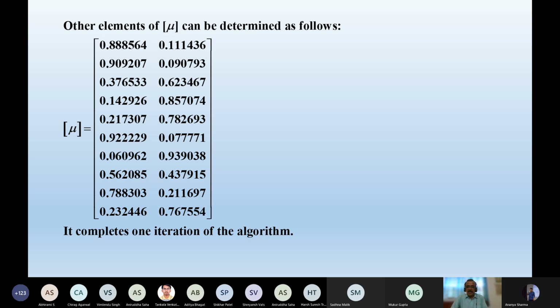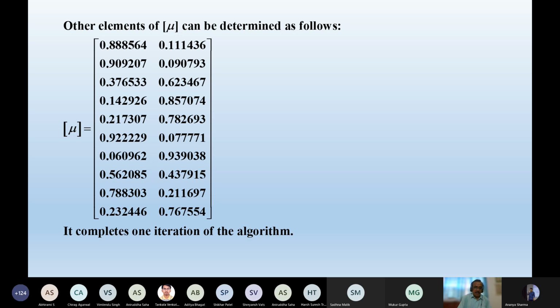Okay, so let me repeat. We start with one set of mu values selected at random. We calculate the cluster center dimensions using the formula. Then after we have got the cluster center values, we can find out the modified values of mu, that is the membership.